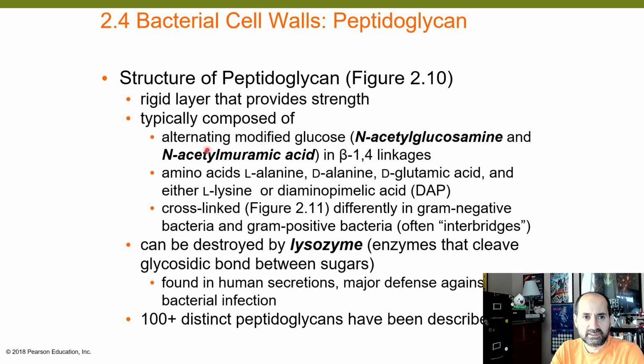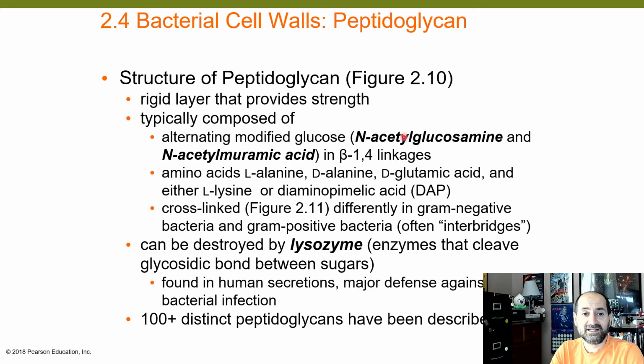And it's typically composed of alternating modified glucose. So it's a modified form of glucose called N-acetylglucosamine and N-acetylmuramic acid. So you have two different sugars, and they're linked together into a disaccharide. They're linked together by beta 1,4 linkages. That's the name of the bond that forms between these two sugars.